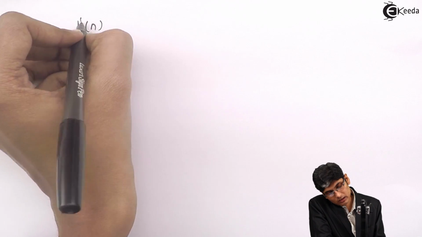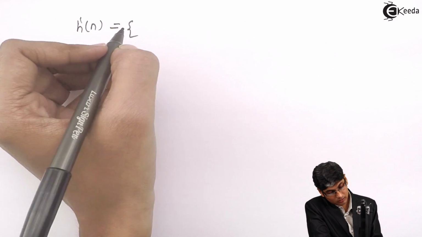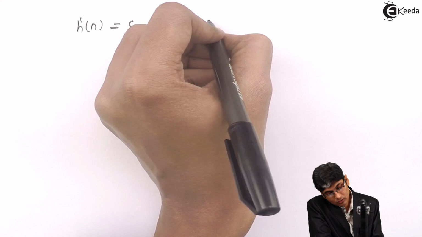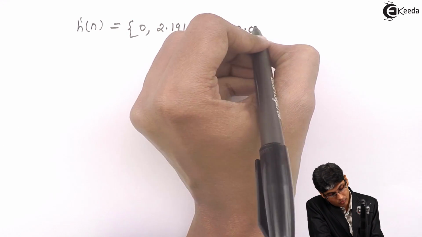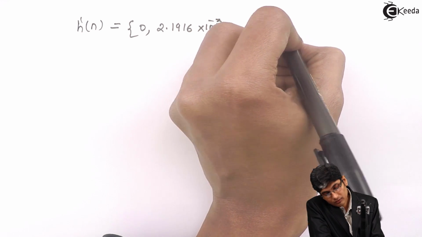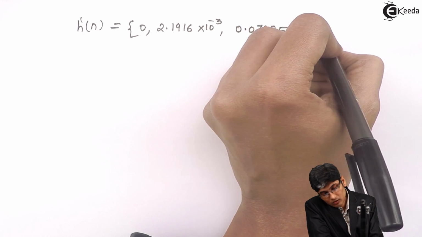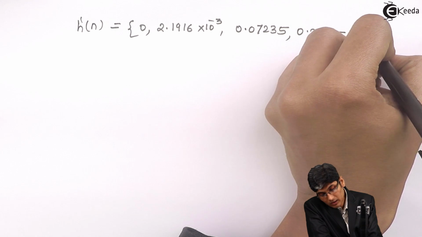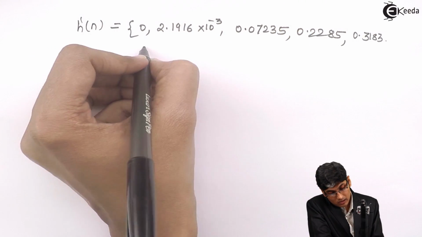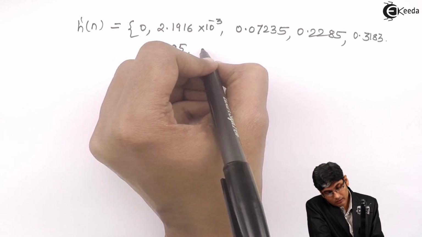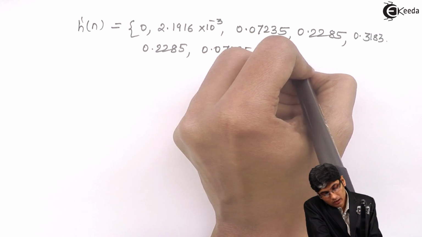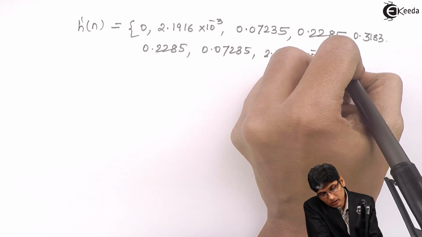So how to write this in the roster form or the set builder form is h dash of n will be equal to, the roster form starts with a brace bracket, 0 comma 2.1916 into 10 raised to minus 3, comma 0.07235, comma 0.2285, comma 0.3183, then again 0.2285, 0.07235, comma 2.1916 into 10 raised to minus 3, comma 0.